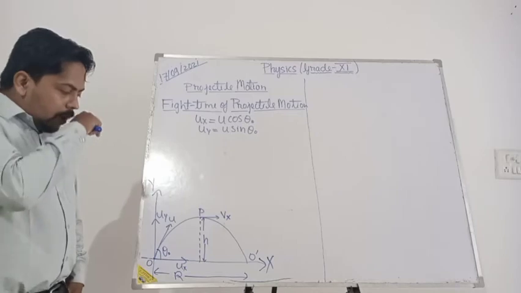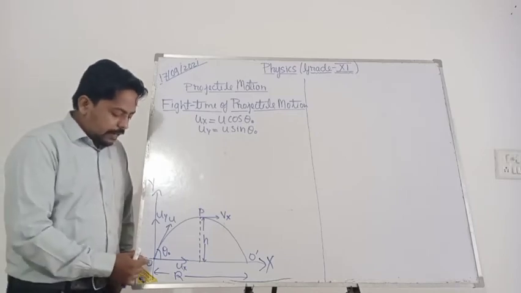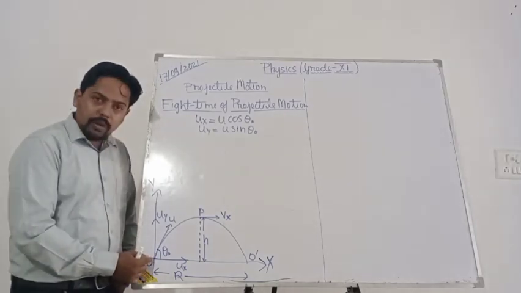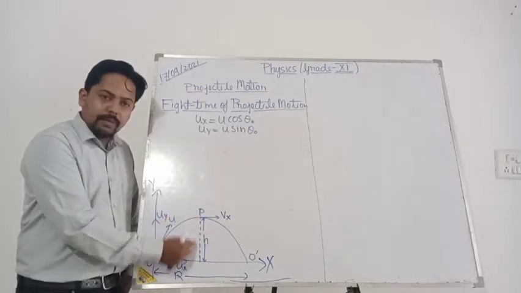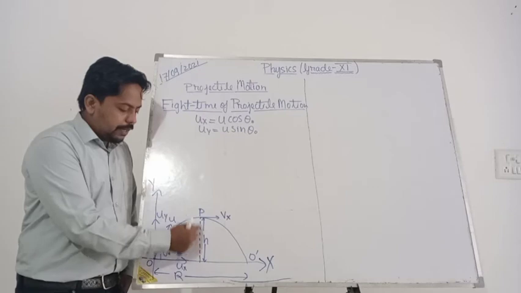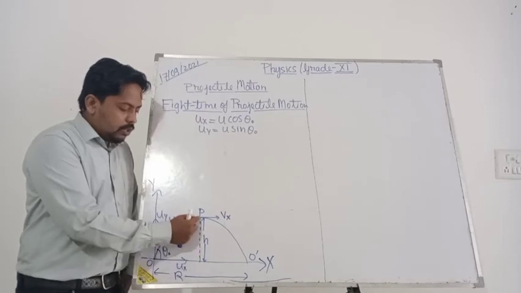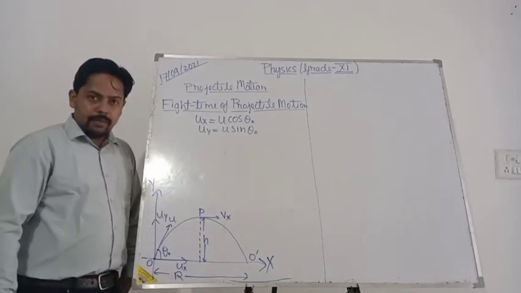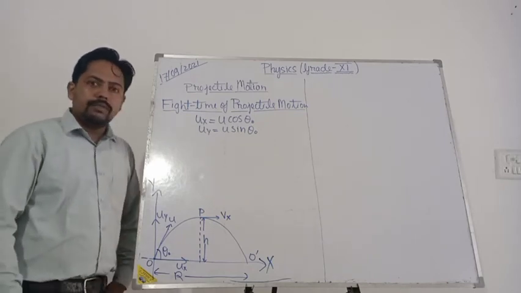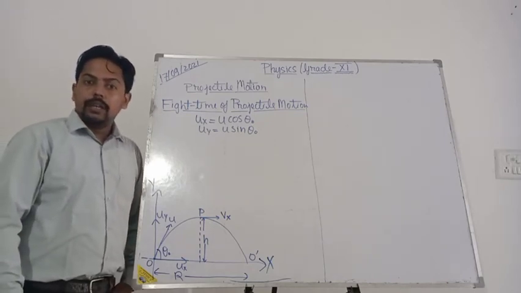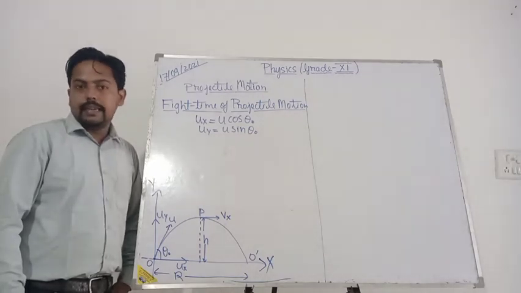For a particle starting from zero height at the horizontal level to reach this maximum height, represented by h, the particle is taking some time. For that we will use the first equation of motion, v is equal to u plus at.